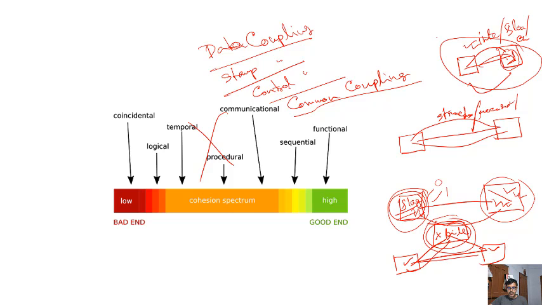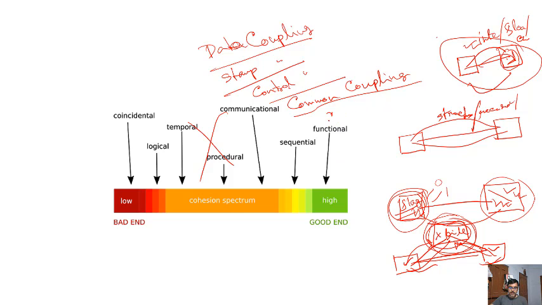This module updates these data items, and this module takes data from them or updates them. This module may check these data items. If these global data items are shared by these two modules, in that case we say they are common coupled.